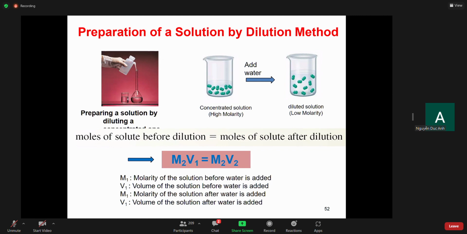So the main idea to prepare the right solution by diluting is this: the moles of solute before dilution equal the moles after dilution. The molarity Cm is calculated by mole number over volume.